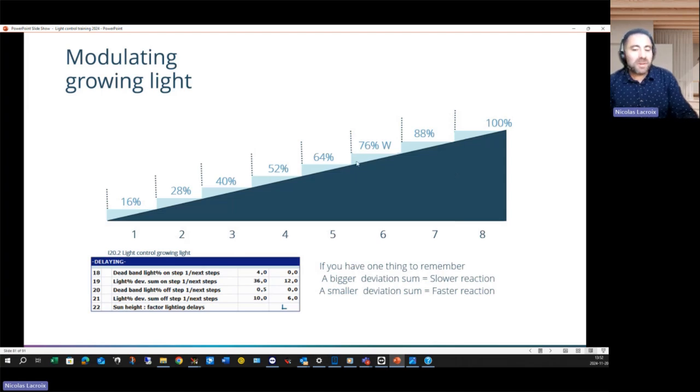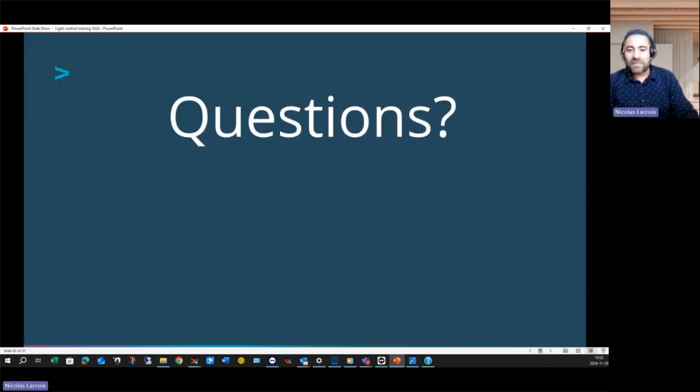If you have one thing to remember, a bigger deviation sum equals a slower reaction, and a smaller deviation sum equals a faster reaction. So you can play with this number if you find that it goes too fast or too slow. But you don't have to remember all the steps one by one. Hopefully you will understand a bit better how it works now.